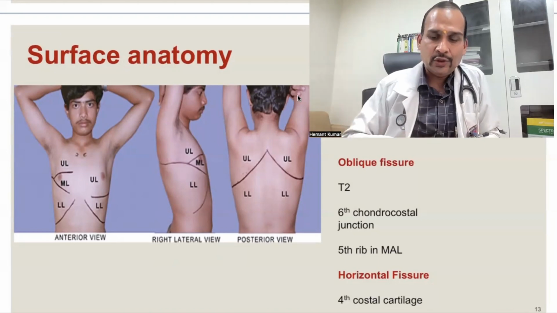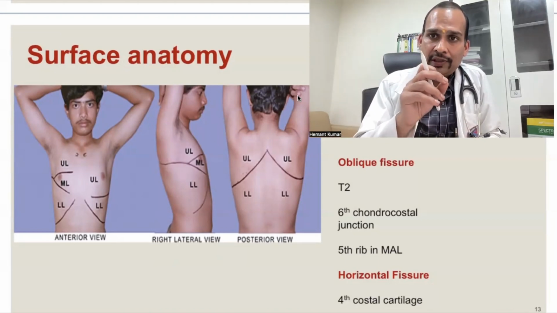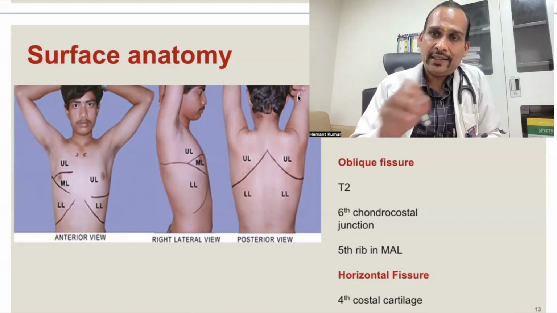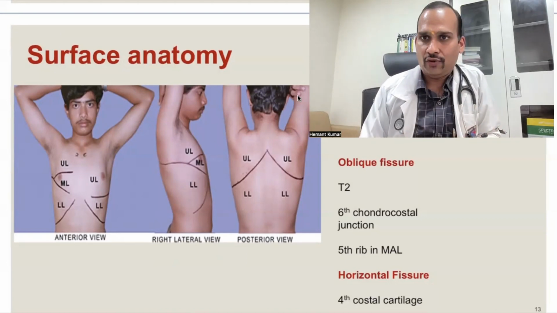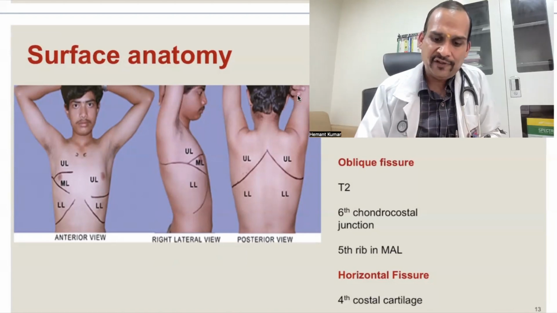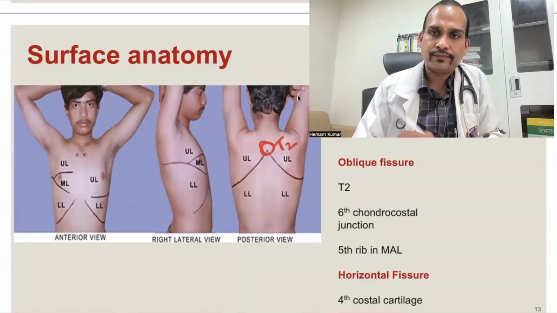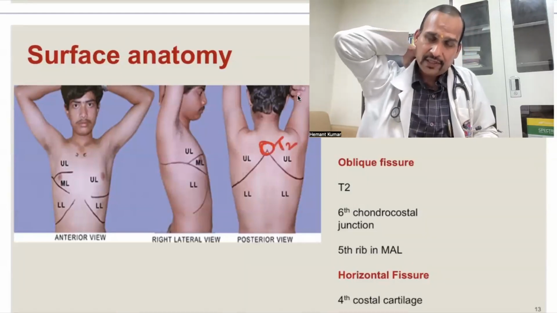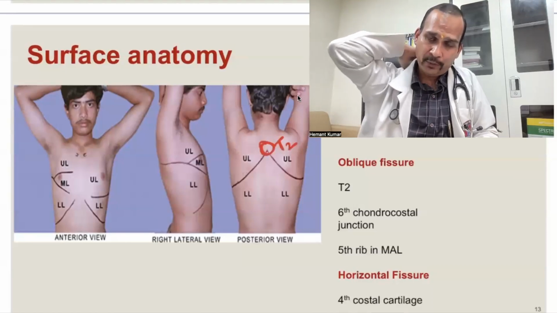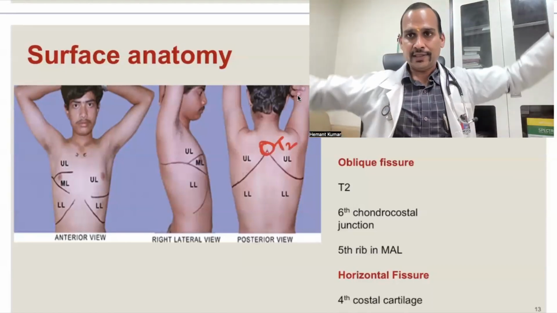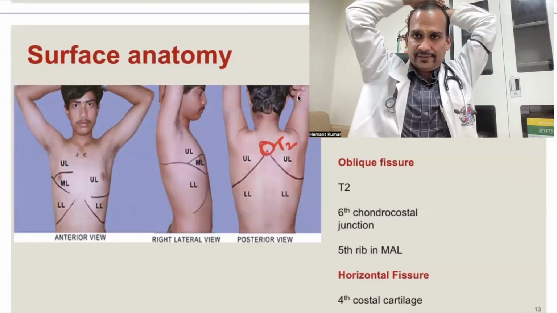If you know the surface anatomy of these fissures, you can tell which lobe is getting involved. This is the famous diagram from the Alagappan book. Posteriorly, you can draw a point, that is T2. If you palpate yourself, you can find a bony prominence over the vertebral column; that is T2. Ask the patient to raise their hands.